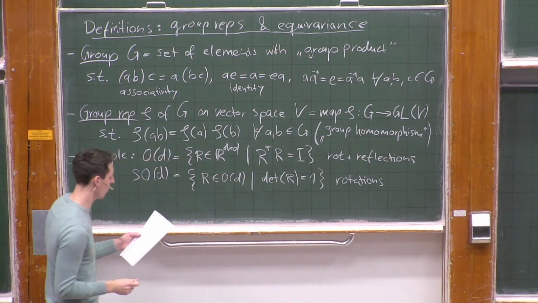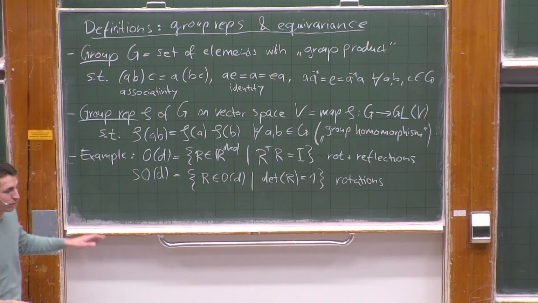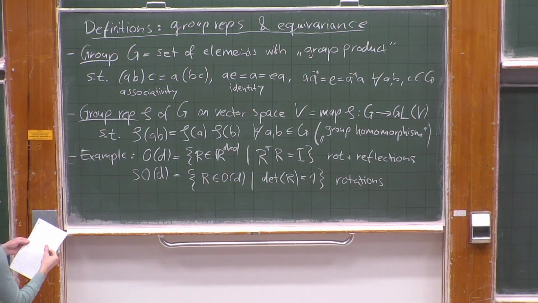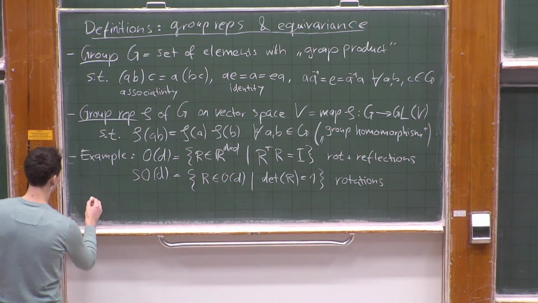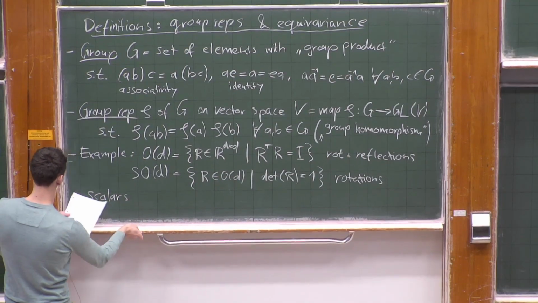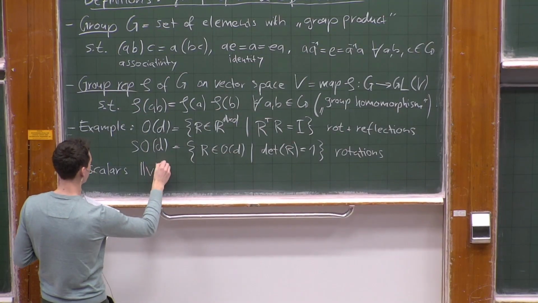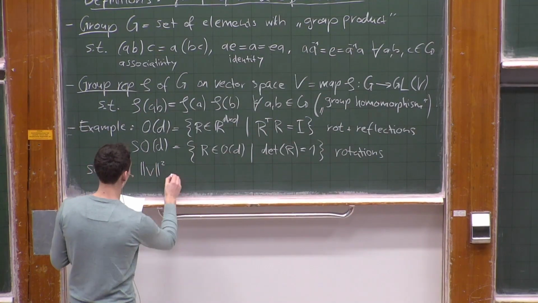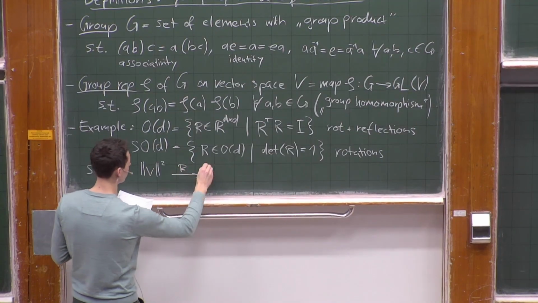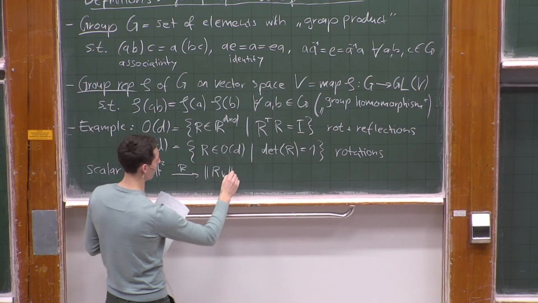And we have already seen two representations of this group, namely scalars, as we had them before. For example, the norm of a vector will be a scalar. As we've seen, if we apply some rotation, what we will get will be the norm of the rotated vector.